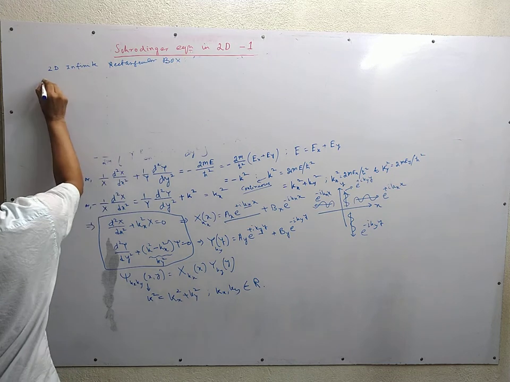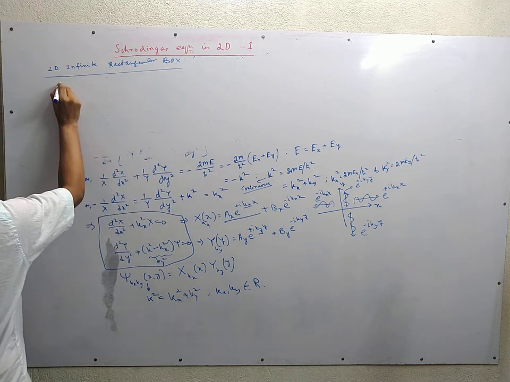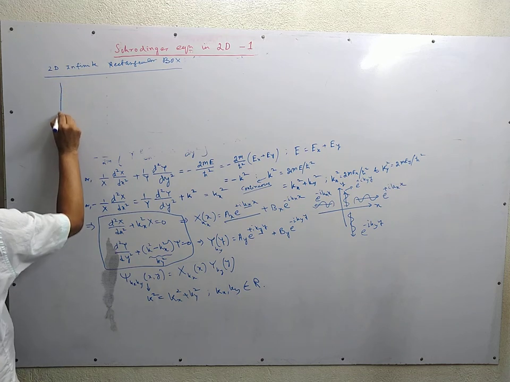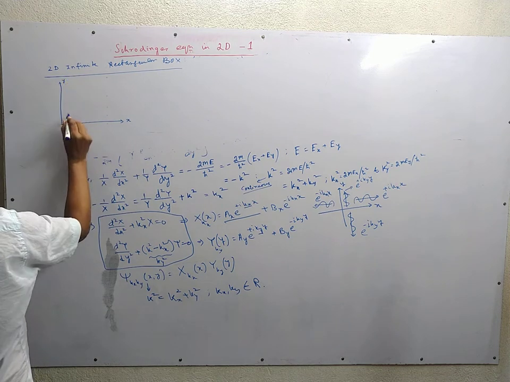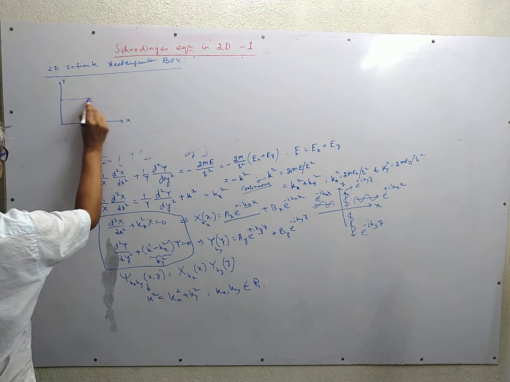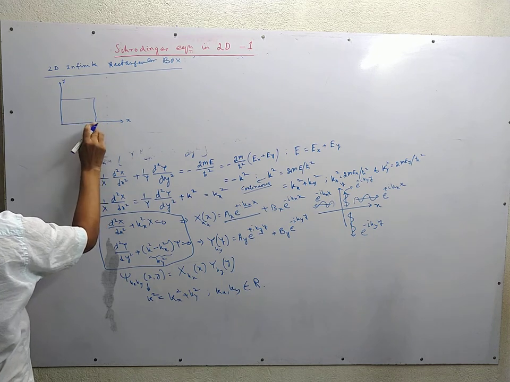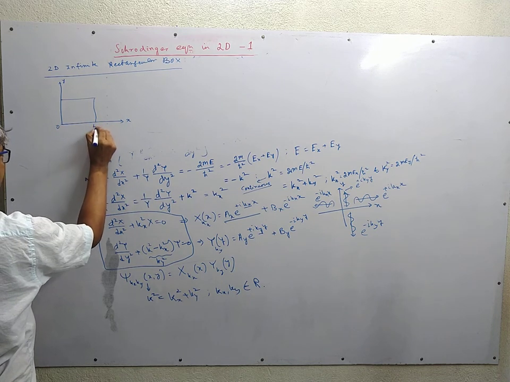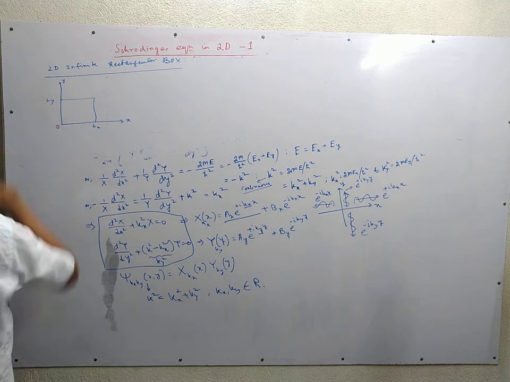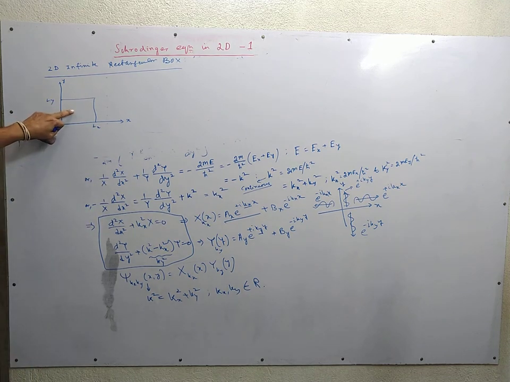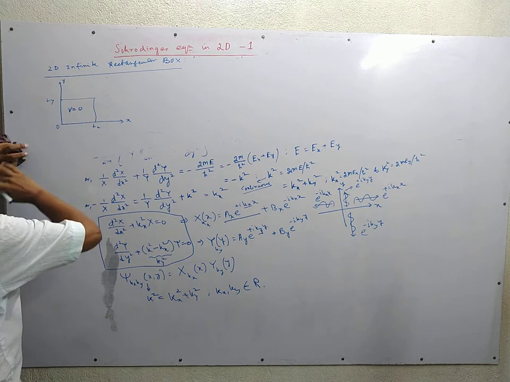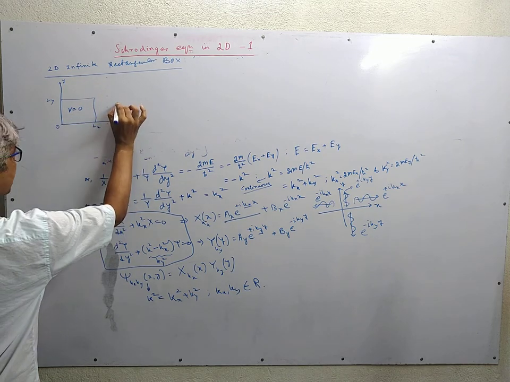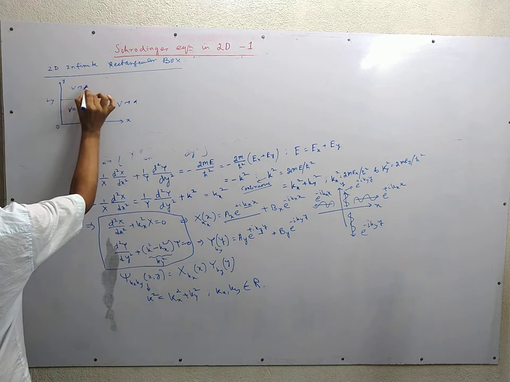Let me first describe the system. We have a rectangular box. This is the origin, this is Lx, this is Ly. A particle of mass m is placed into the box so that the potential is zero within the box and infinite everywhere else.